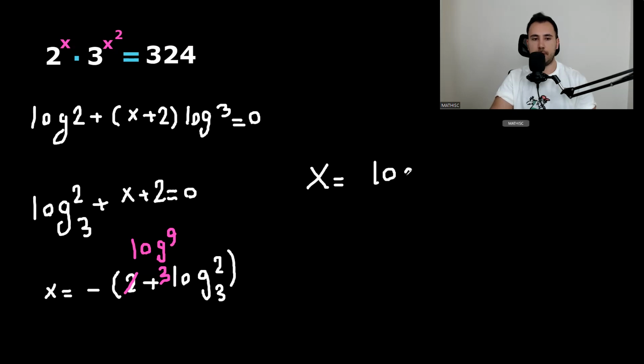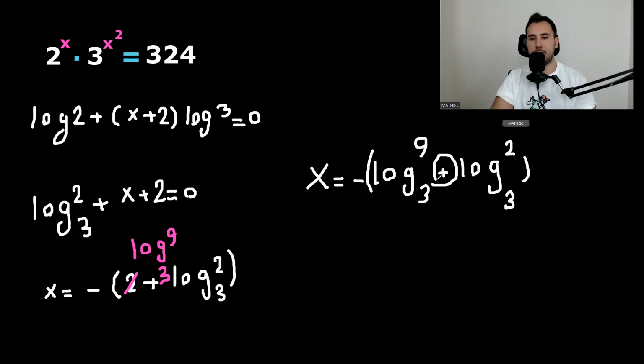So x would be log of 9, base 3, plus log of 2, base 3. All of this, of course, is a negative value. Now, because there is a plus between them, we just have to multiply 9 by 2.